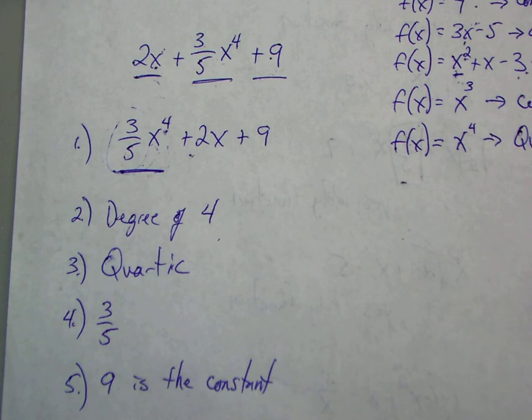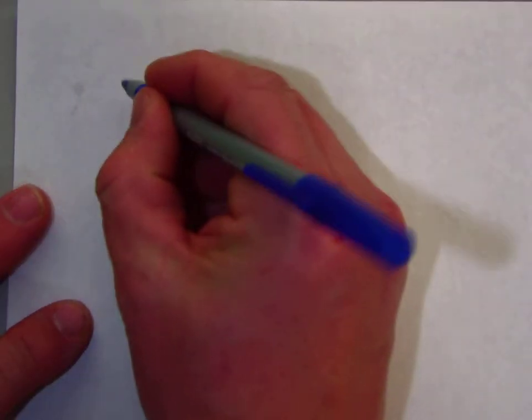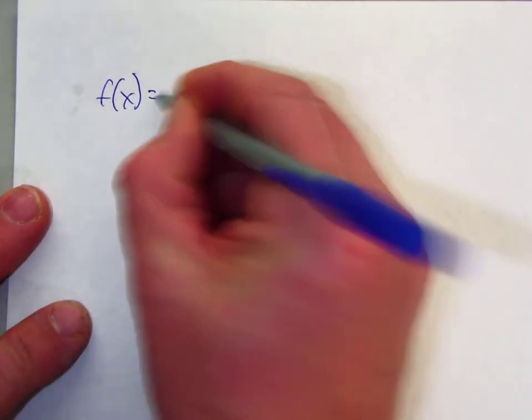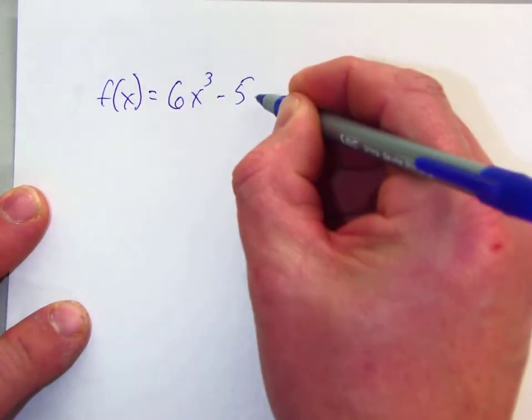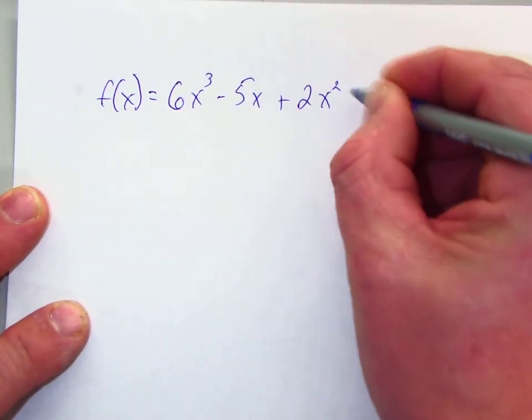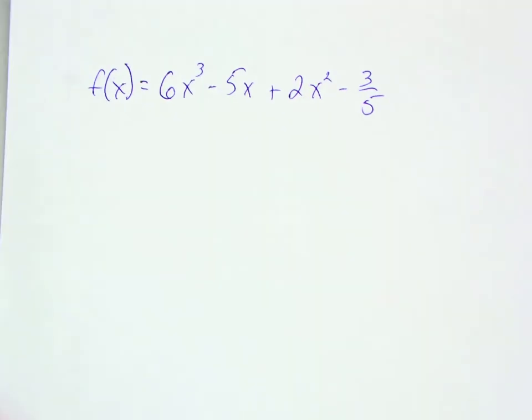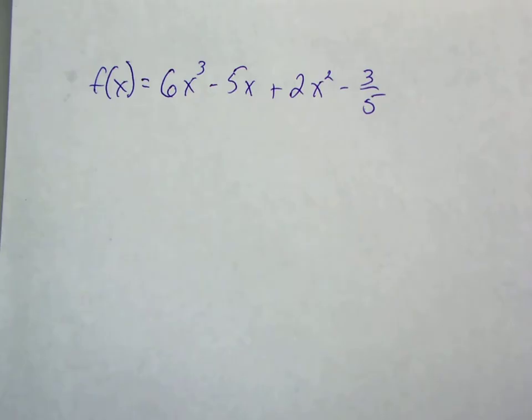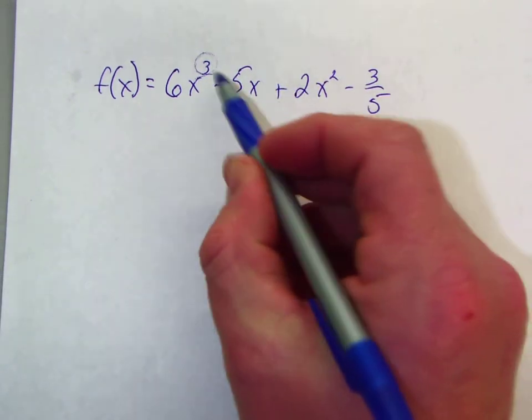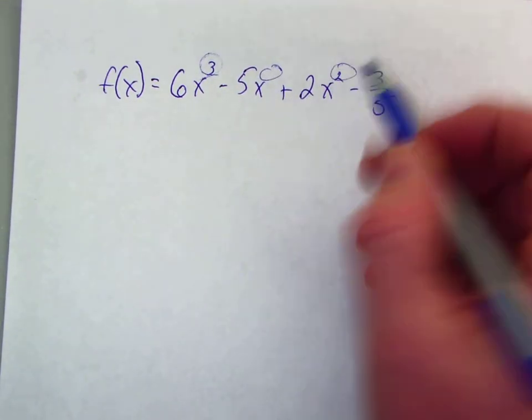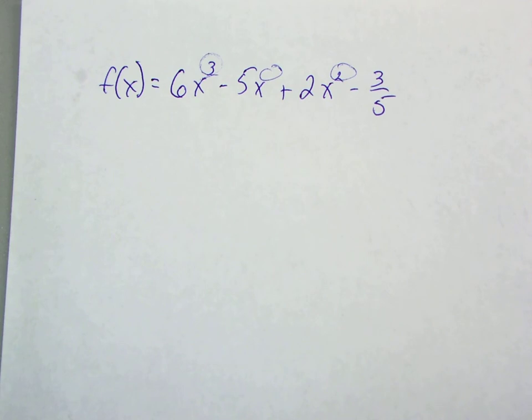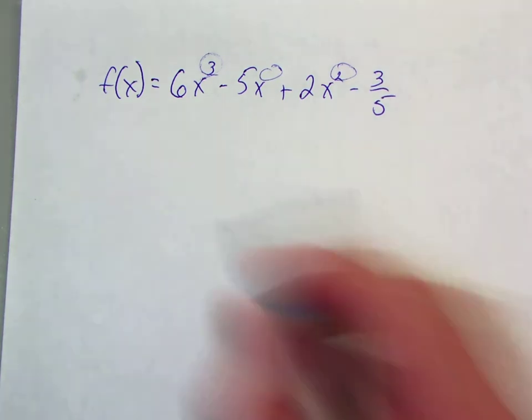Alright, so let's do one more. Let's do f of x is equal to 6x cubed minus 5x plus 2x squared minus 3/5. Is this a polynomial function? All my exponents, the 3, the 1, and the 2, are positive, so that passes.